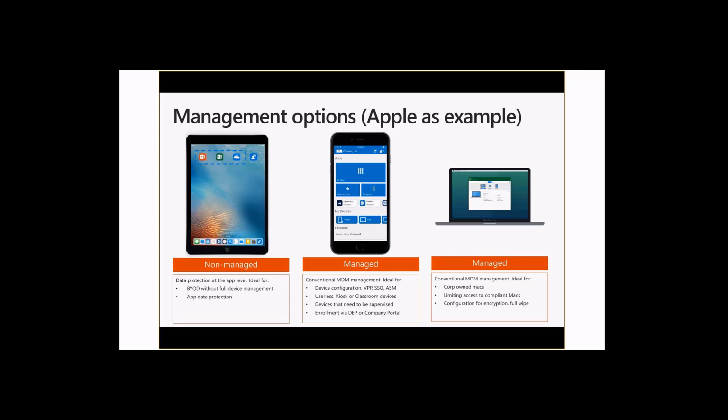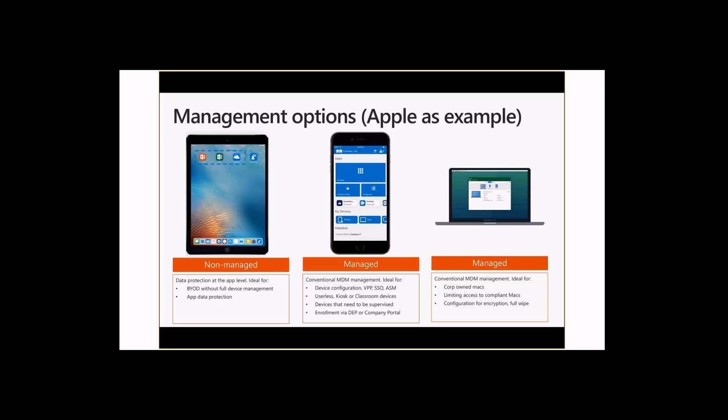In the middle one, we have an iPhone that's managed, and oftentimes organizations will purchase iPhones either for special use, maybe they have a kiosk or a classroom device, or maybe they're using that as an approved device for a user, and the company wants to be able to protect all aspects of that particular iPhone.